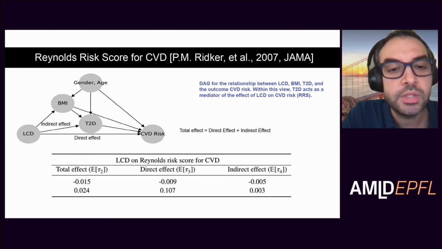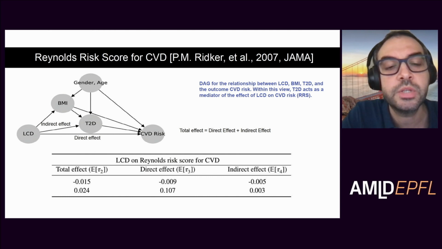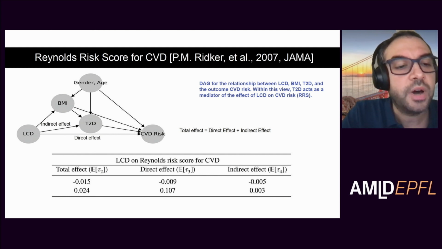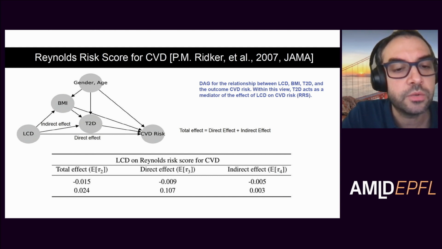And the CVD risk measure that we take is the Reynolds score, which is an aggregated risk measure for cardiovascular disease that takes into account HDL, LDL, total cholesterol, systolic blood pressure, age, smoking habits, etc. And we find that the total, direct and indirect effects are all negative, suggesting that LCD in all cases decreases CVD risk.